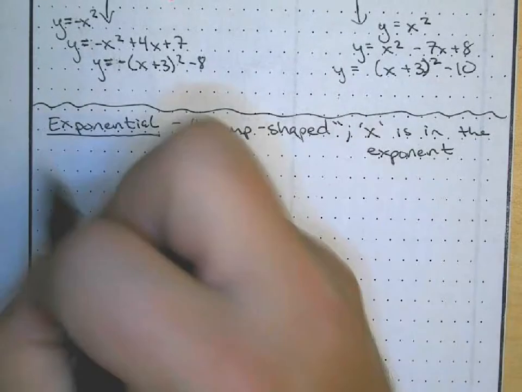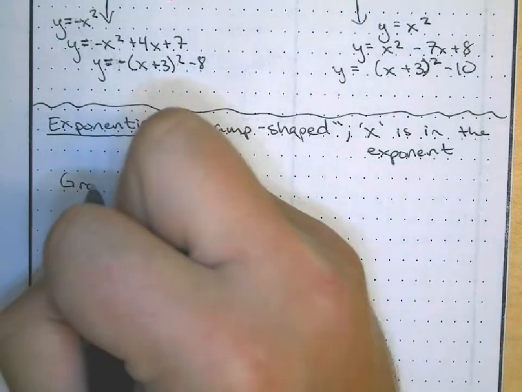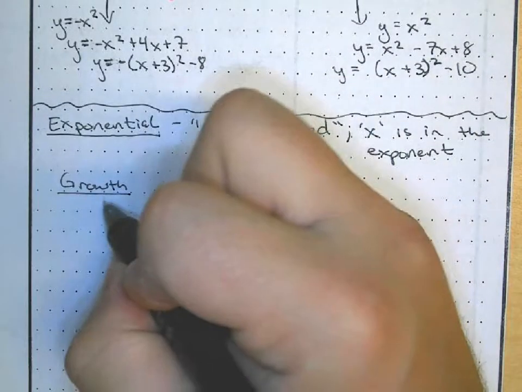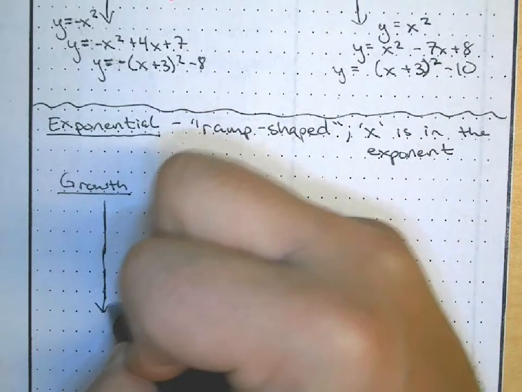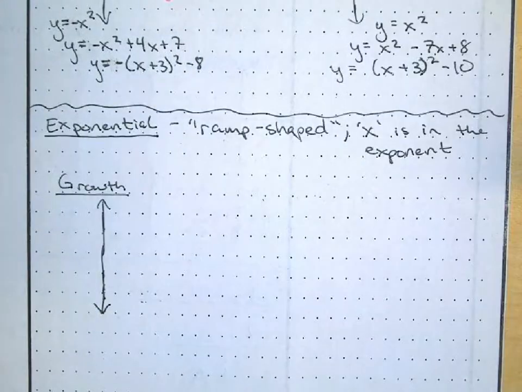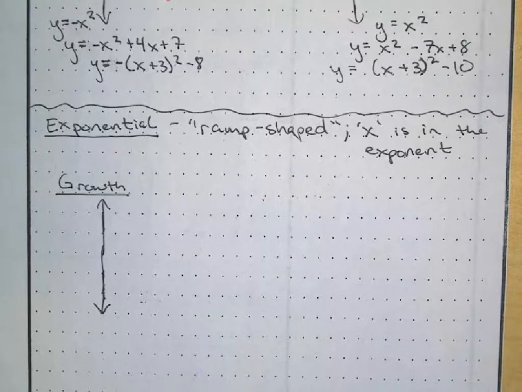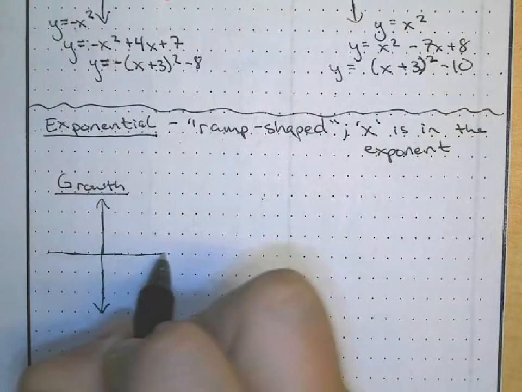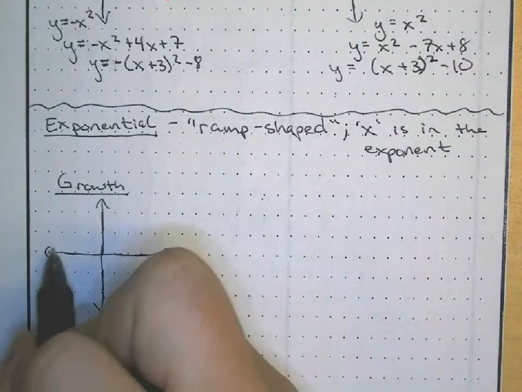We have two kinds we'll focus on. We'll have growth. Oop, just sneeze. Sorry about that. So we'll have some growth exponential.